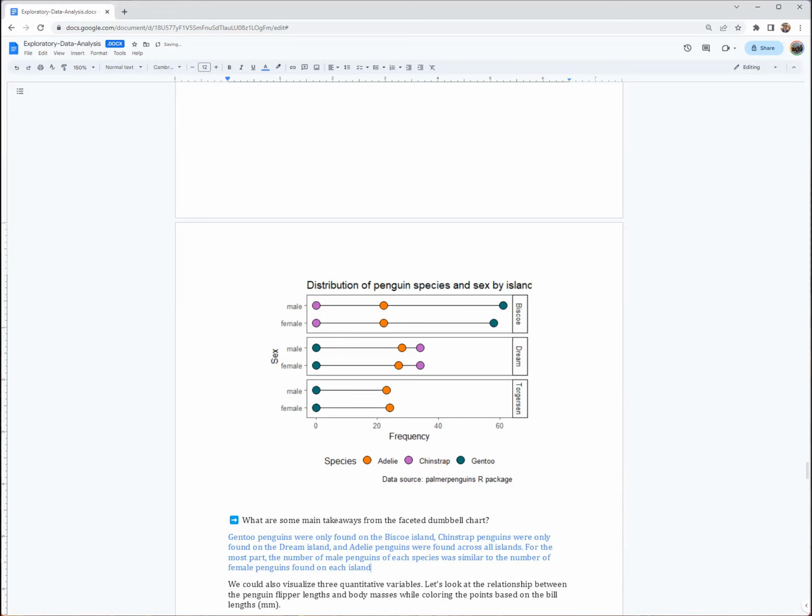With the exception being there were slightly more male Gentoo penguins found on Biscoe Island.